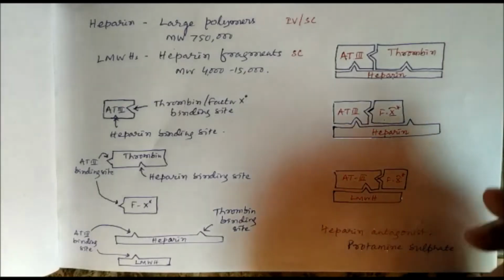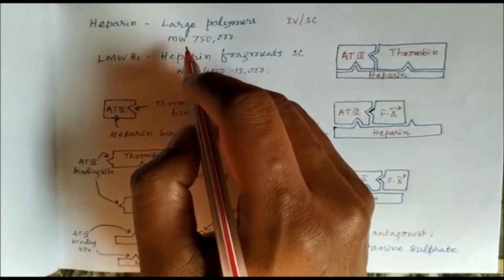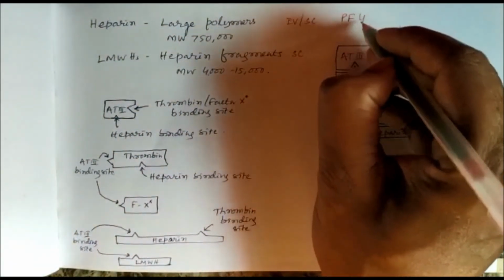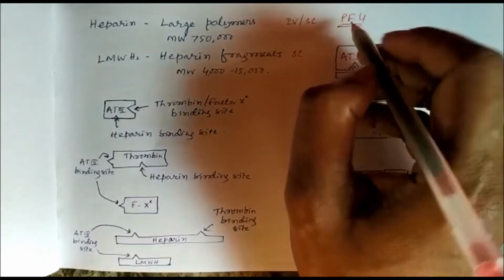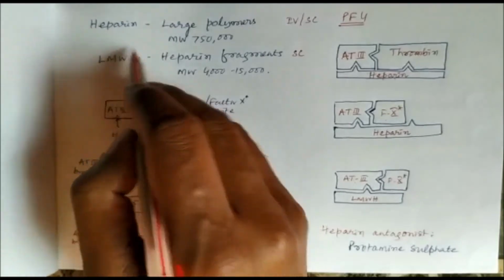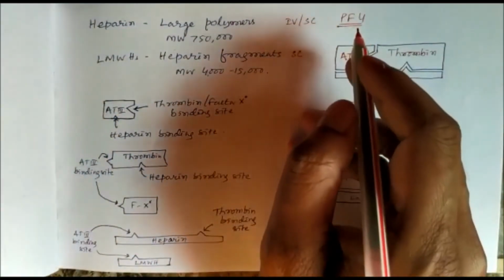And heparin action can be neutralized by a heparin neutralizing protein called platelet factor 4. So platelet factor 4 neutralizes the action of heparin, but low molecular weight heparins are not neutralized by platelet factor 4.